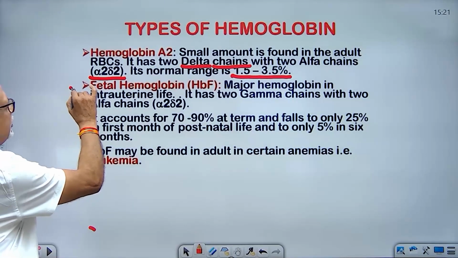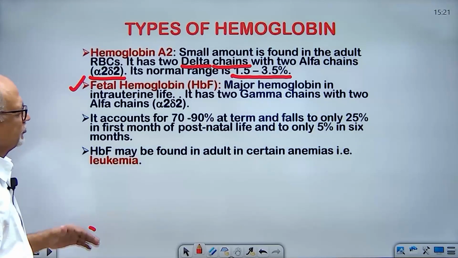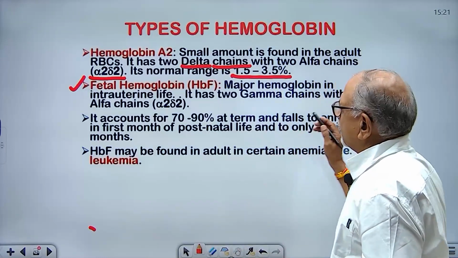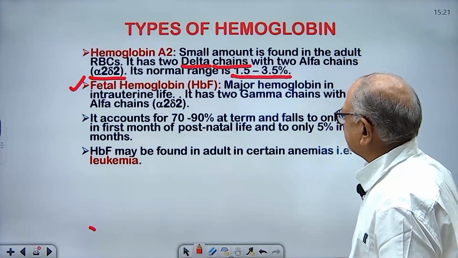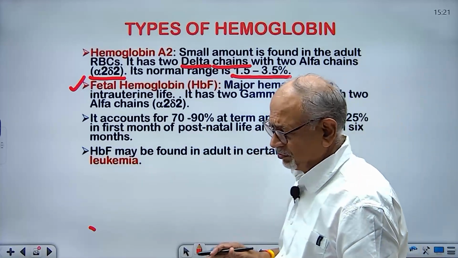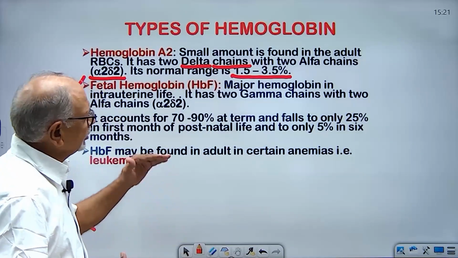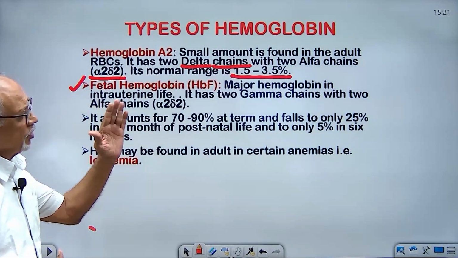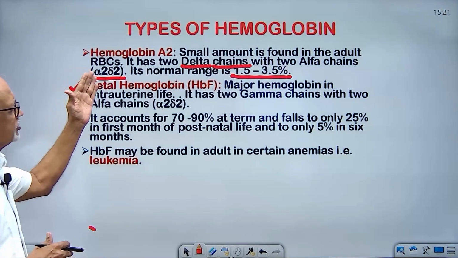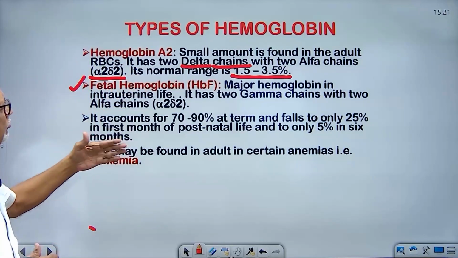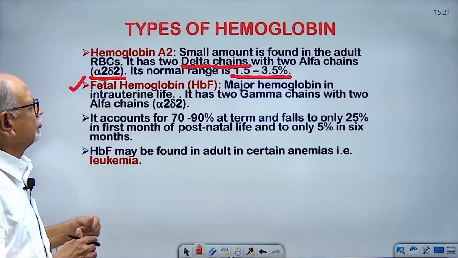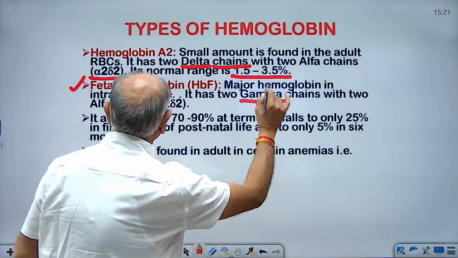Then the fetal hemoglobin, HbF, is the major hemoglobin component in the intrauterine life. It has 2 gamma chains with 2 alpha chains. So, there are variations in hemoglobin from the alpha chains: a combination of delta chains in case of hemoglobin A2, and in case of fetal hemoglobin, 2 alpha chains and 2 gamma chains.